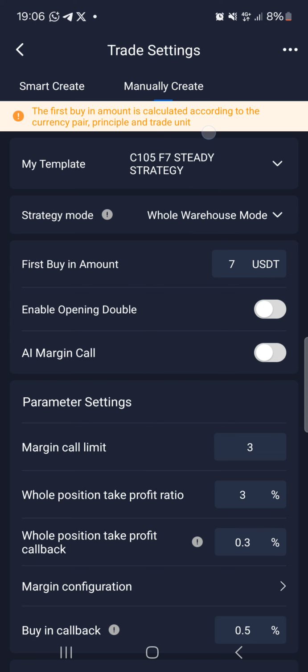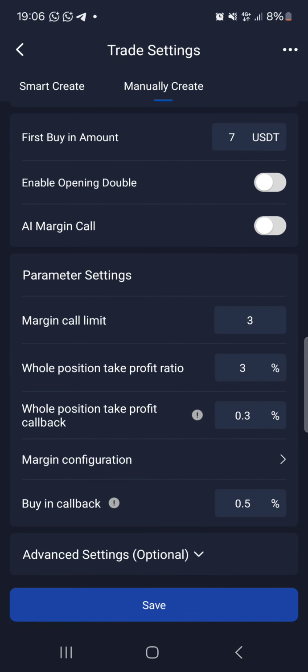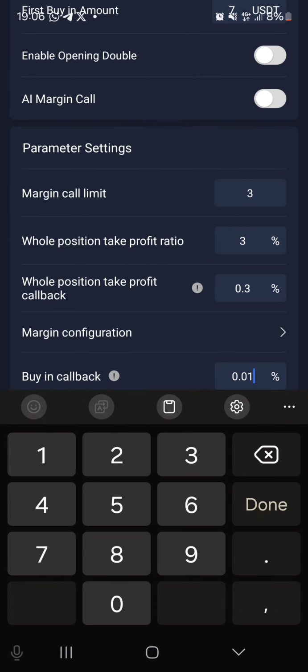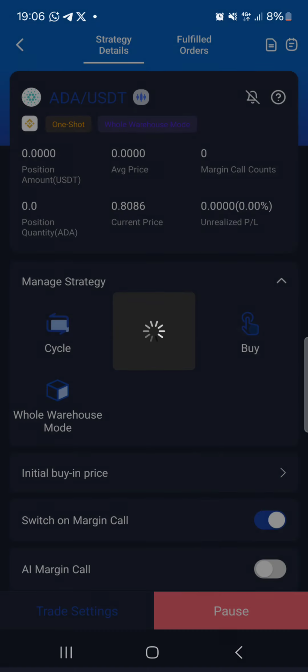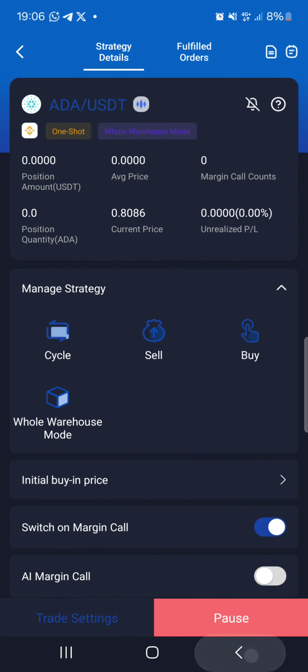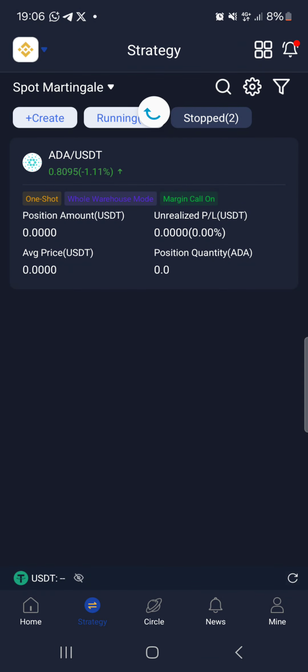Then I will come on buy-in callback. You see this? Buy-in callback. I can reduce it to 0.01, and then I save. I tap on confirm, and automatically the robot shall be able to buy.